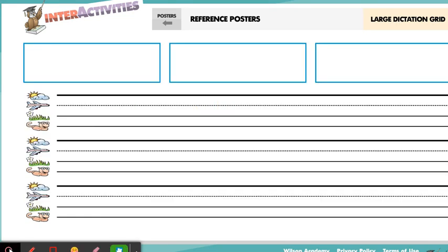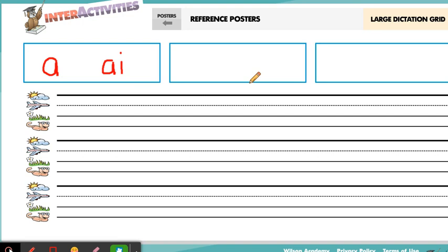Okay, we now have the other side, which is the large dictation grid. And in those 3 boxes, I want you to write down all the different ways that we can write the long A sound. So one way is just to make an A. That says A. Another way to write it can be A-I.